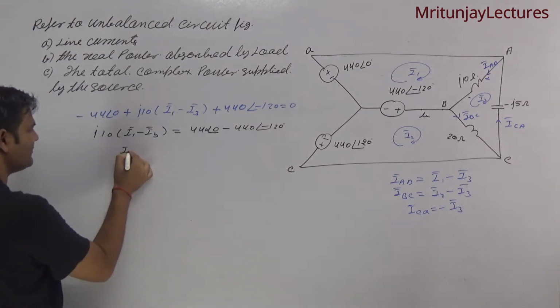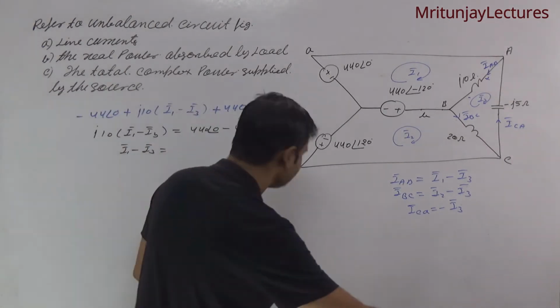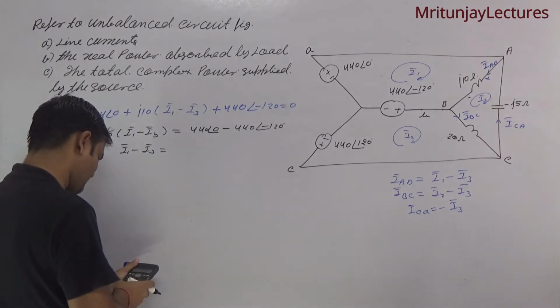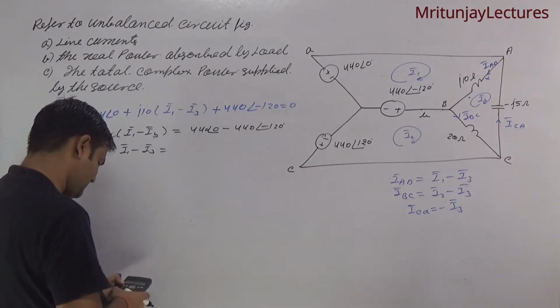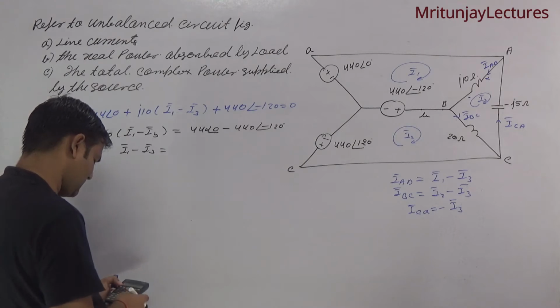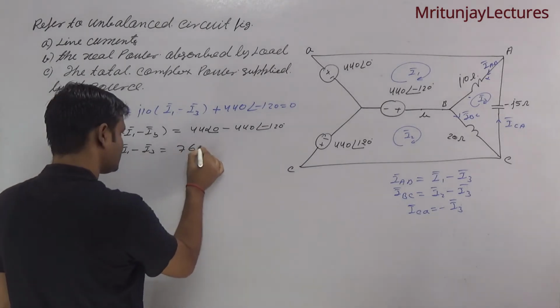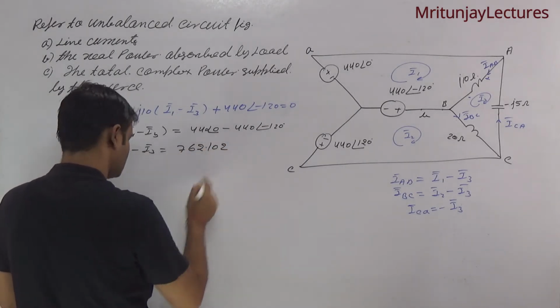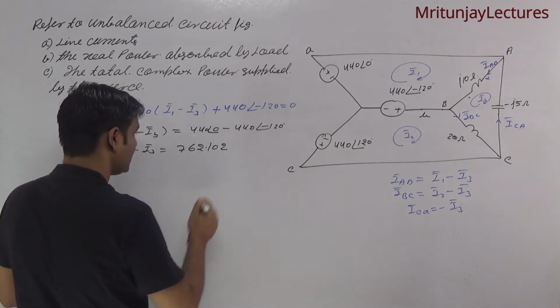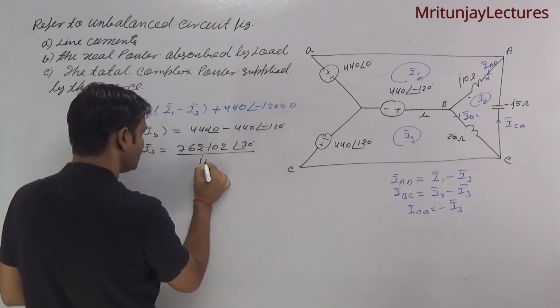So I1 minus I3 is equal to 440 at the angle 0 minus 440 at the angle minus 120. It is written as 762.102 at the angle plus 30 degrees divided by J10.